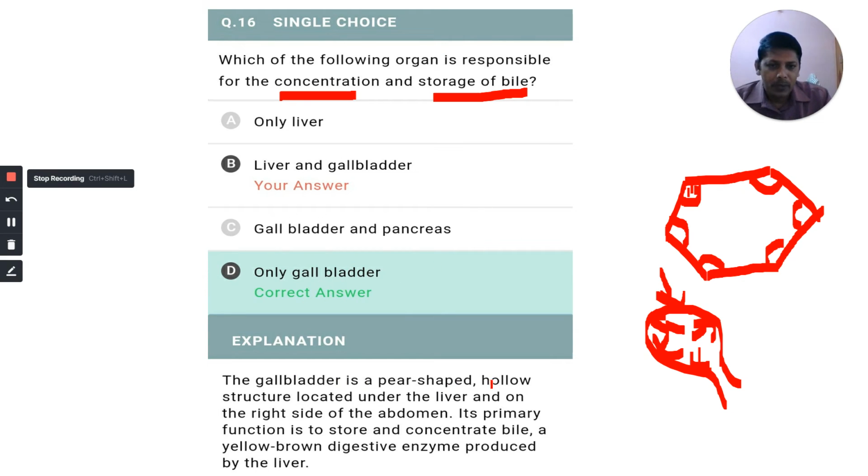The gallbladder is a pear-shaped hollow structure located under the liver on the right side of the abdomen. Its primary function is storage and concentration of bile, a yellow-brown digestive juice, not an enzyme, produced by the liver.